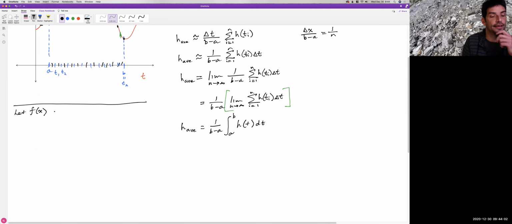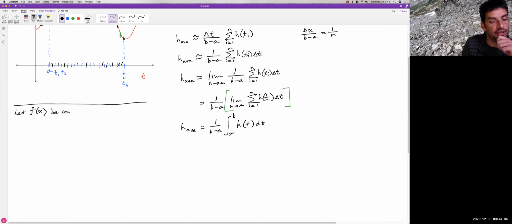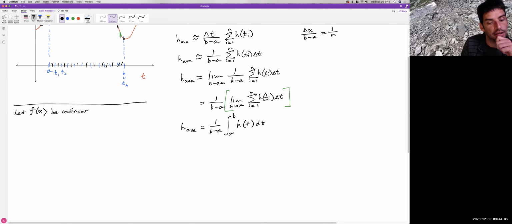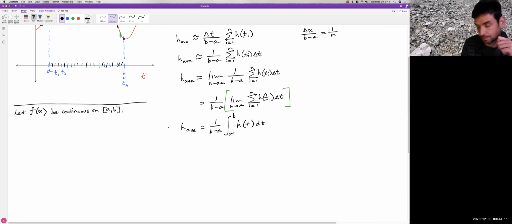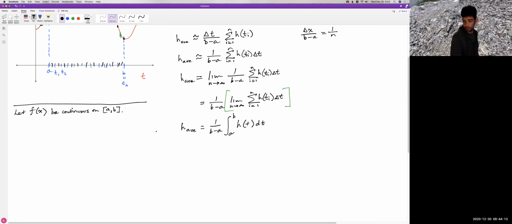Let f of x be continuous on the closed interval [a, b].